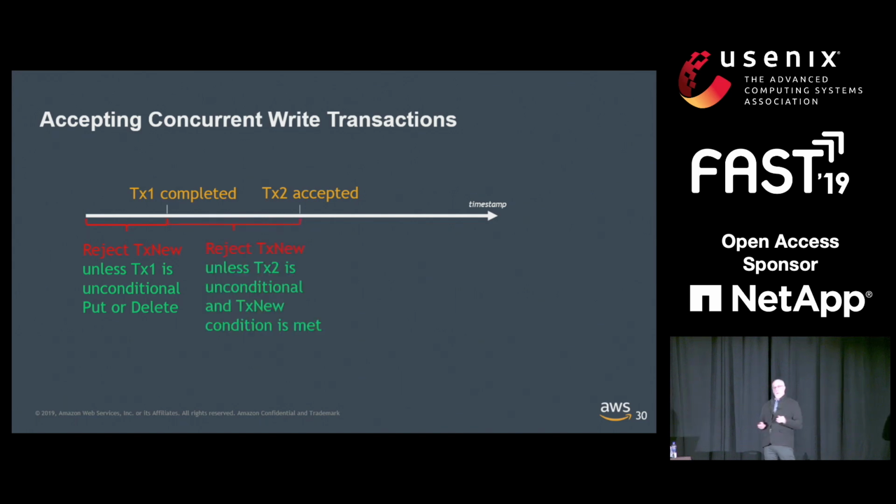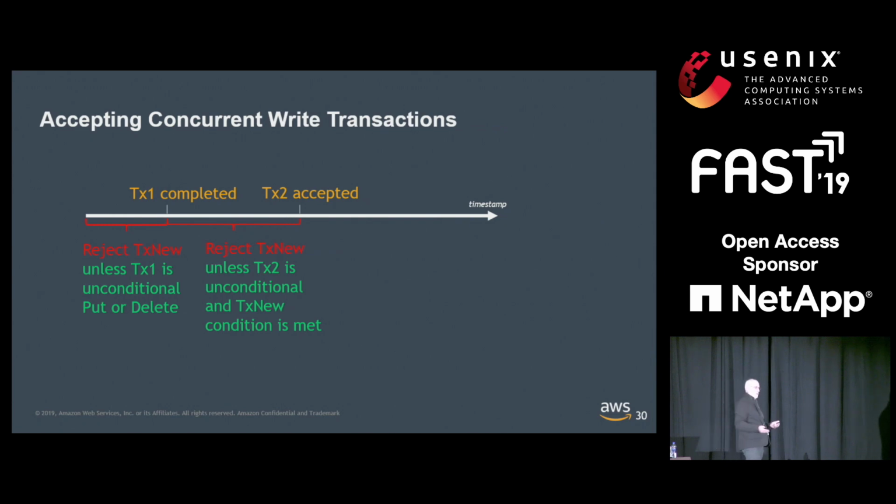If this new transaction has a timestamp that falls between the completed transaction and the accepted transaction, can we accept it or not? Well, it depends. Whether this new transaction could possibly do anything if it were executed that might affect the accept decision for the already accepted transaction. It's not okay to ever unaccept a transaction once it's accepted, so we can't go back on that.